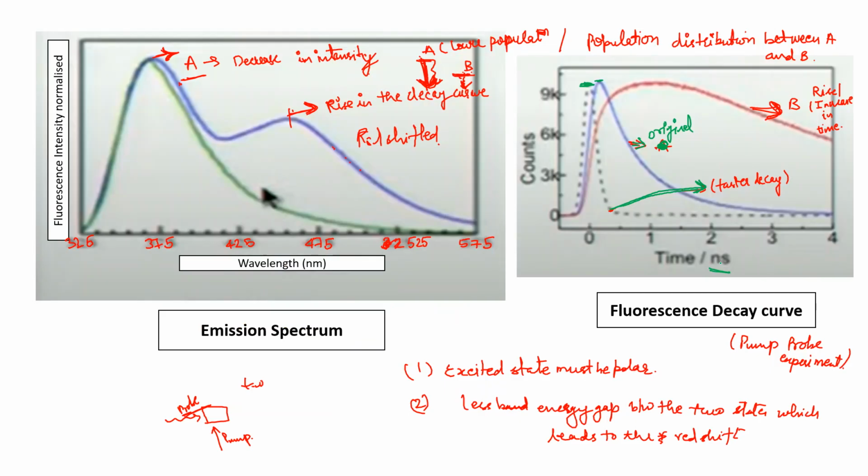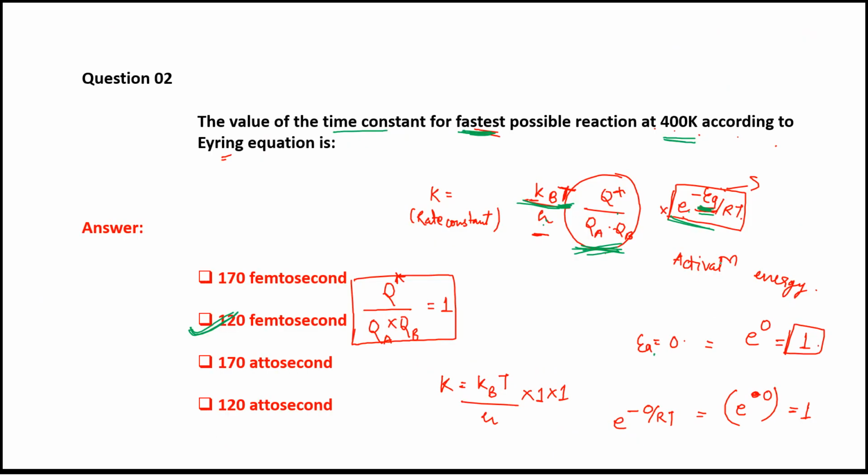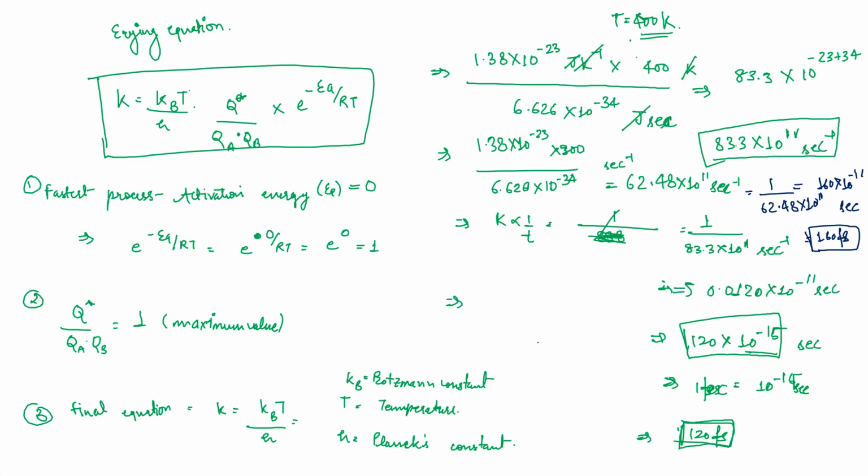Using the same decay, you can also calculate the lifetime of a particular state. This is what we can calculate in this figure. In the second question, we calculate the time constant using a simple equation, the Eyring equation.